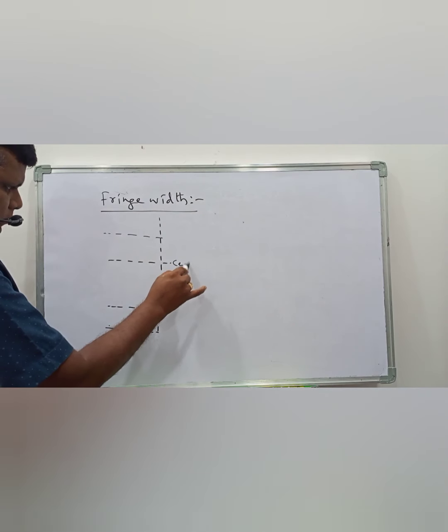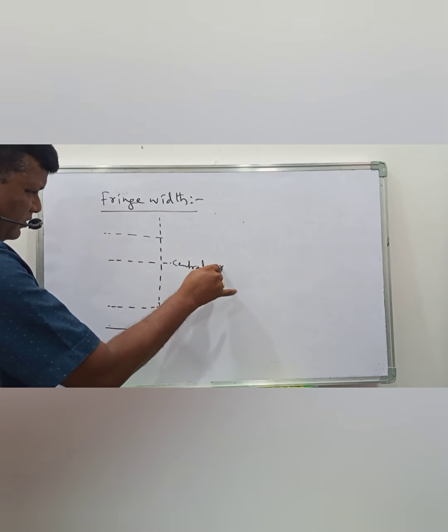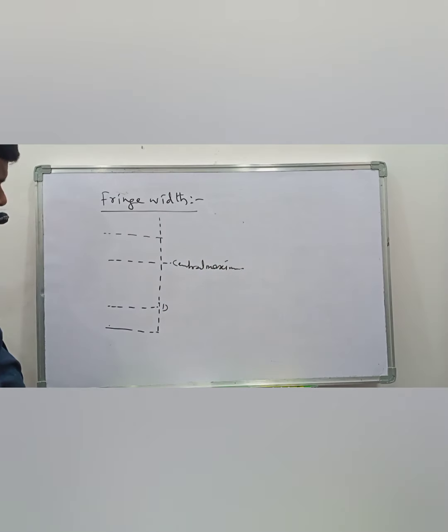This is the central maxima. So we have to take the successive distance between the dark and bright fringe.